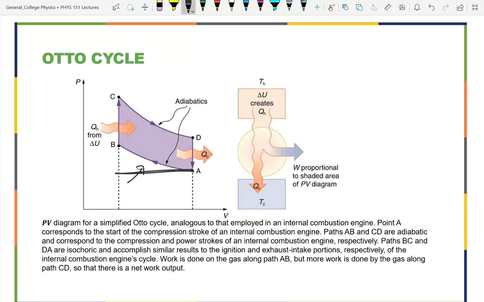You have intake and exhaust, intake is going from here to here. So there's my intake. And then we have this expansion that's compression. That's the compression stroke there.